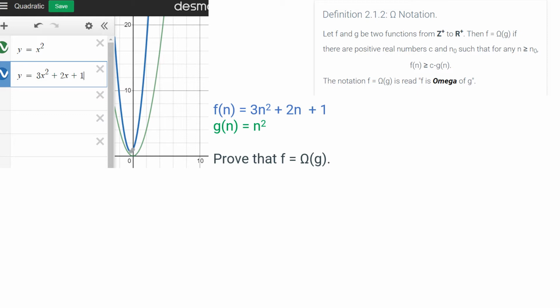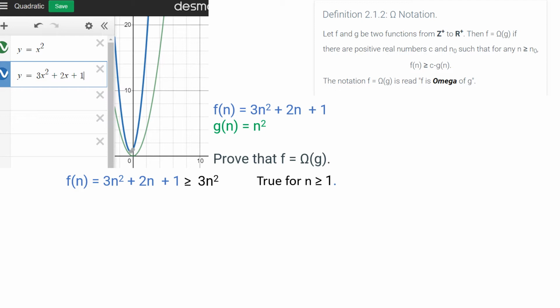Let's see if we can prove algebraically that f is omega of g. So we'll start out with the function itself. And remember, now that we're talking about omega, we're going to be wanting to find functions that are smaller than f, because that's what omega is, the lower bound. So here's what we can do.